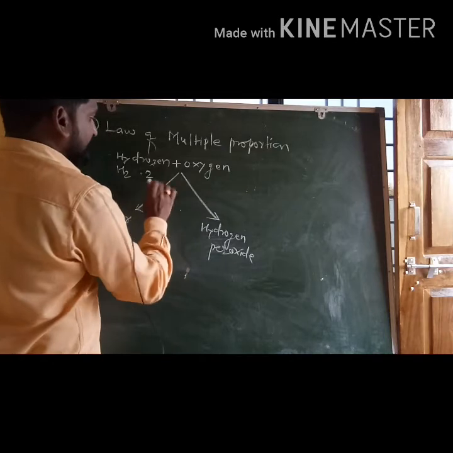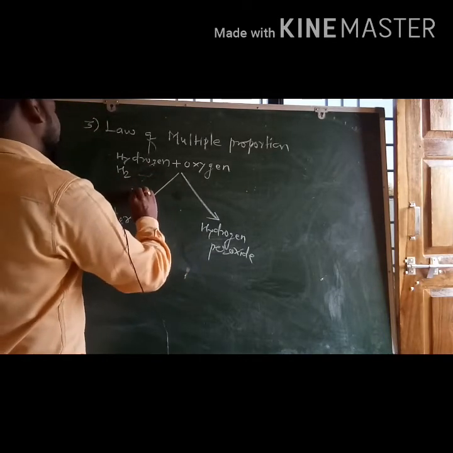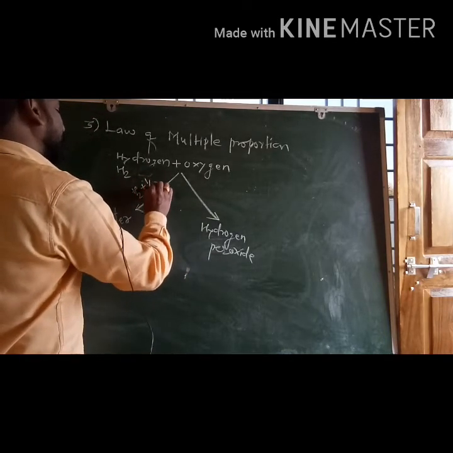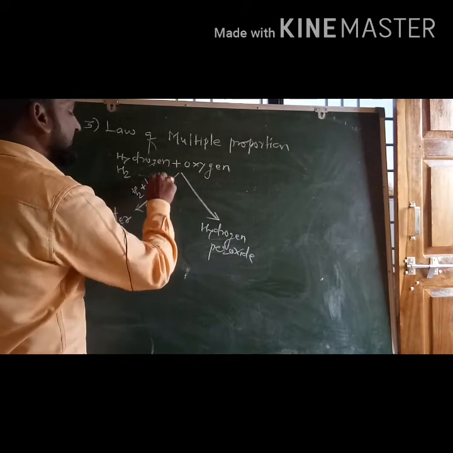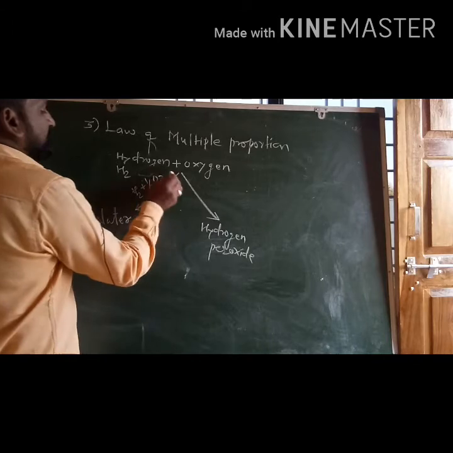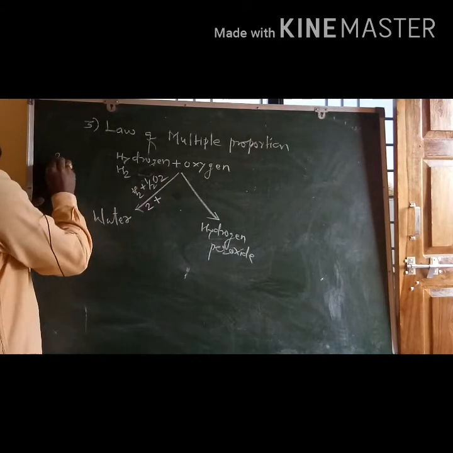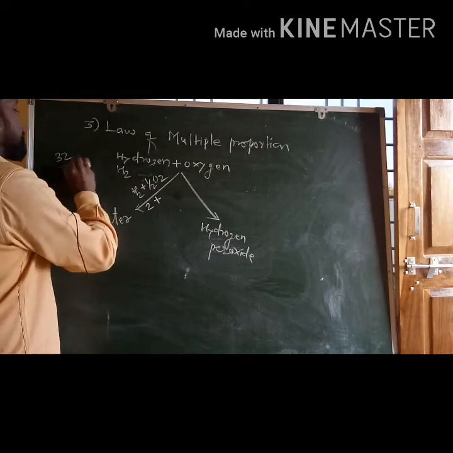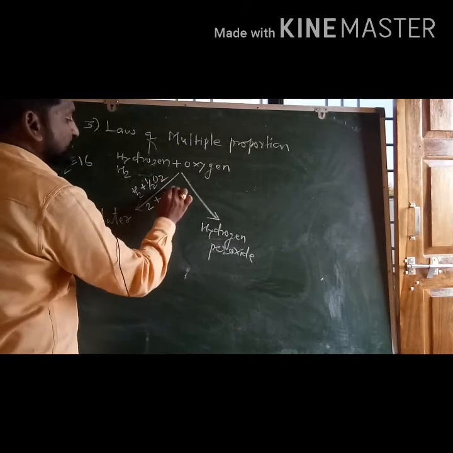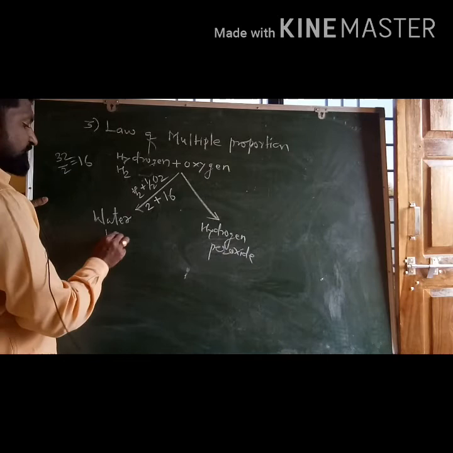So I am talking about this reaction: H2 plus half O2. H2 means 2, plus half O2: the molecular weight of oxygen is 32 divided by 2, so it becomes 16. So 2 plus 16, and here we will get 18.